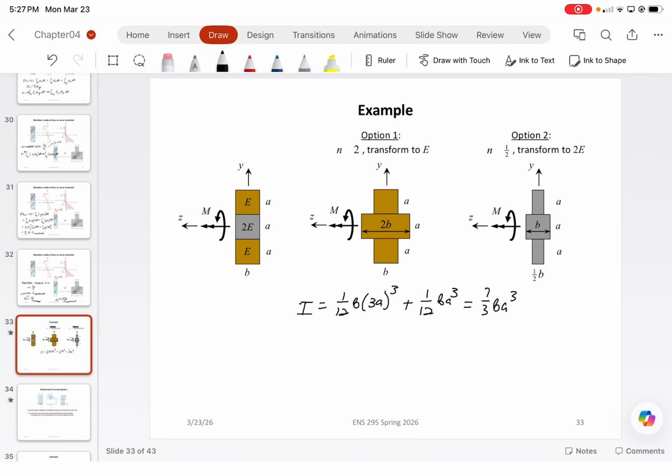And that's going to be the second moment of area for I1.